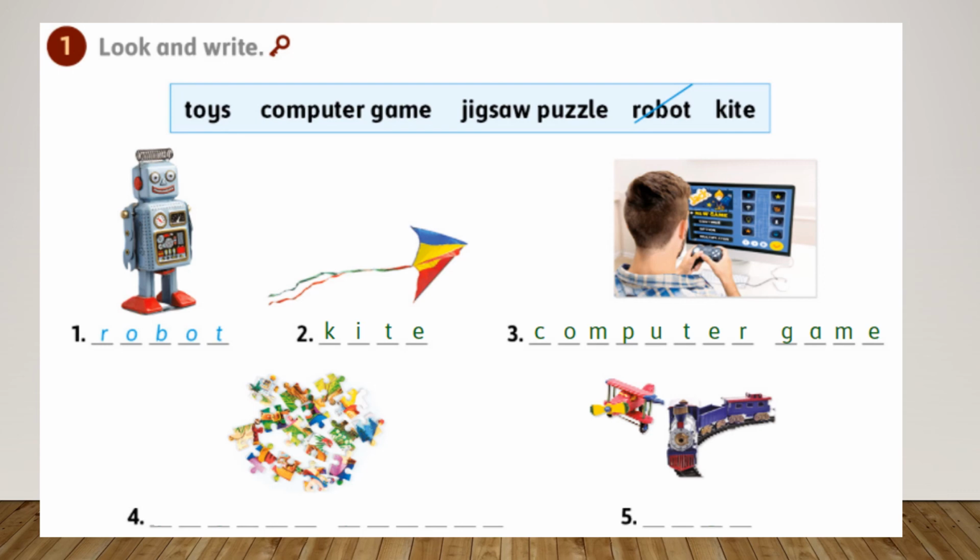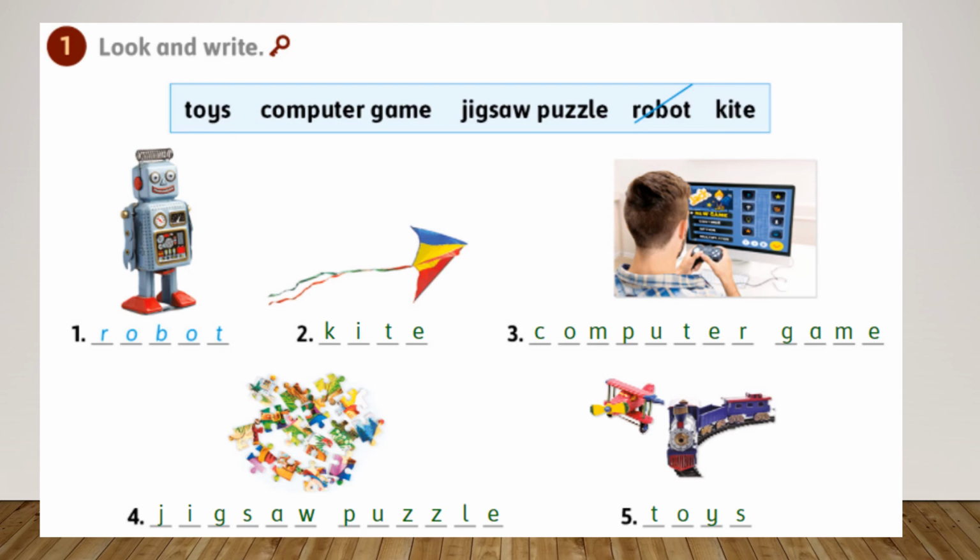So computer game goes to number 3. What about number 4 again? Yes, I heard you. Jigsaw puzzle. Perfect. And of course, the correct choice for number 5 is toys. Great.